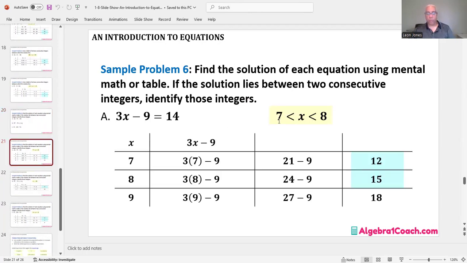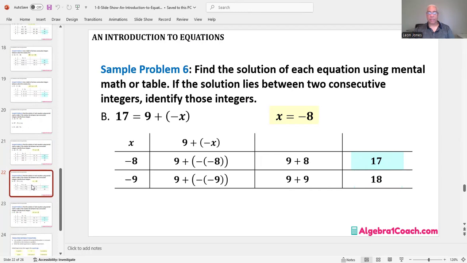Well, they have 7 and 8, so 7 is less than x, which is less than 8. So what do they find here? They found 12 and 15. Now I normally would go ahead and just solve for everything. Same thing here, they found 17 and 18.